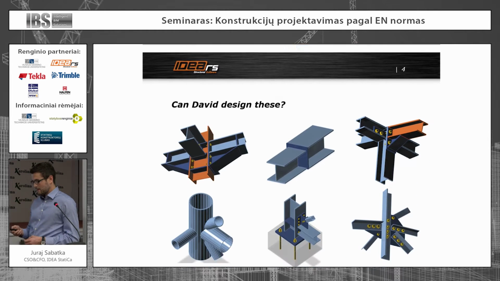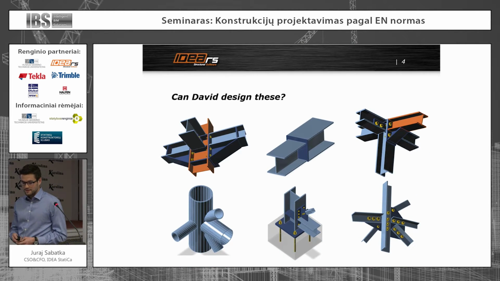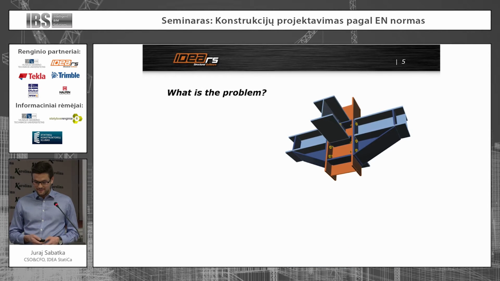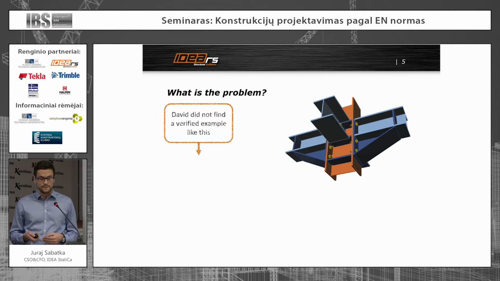And often he has to deal with connections like this. And today, it's a pain for him. Why is that? We'll take a look at one of the connections, something like this. Happy scenario for David is that he finds a verified example already existing in a design book for a project he has already done.